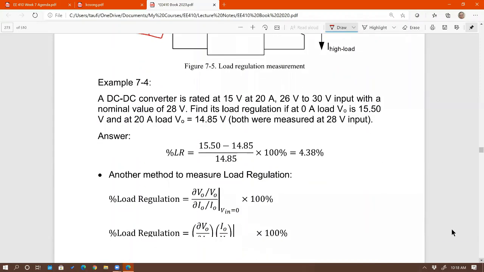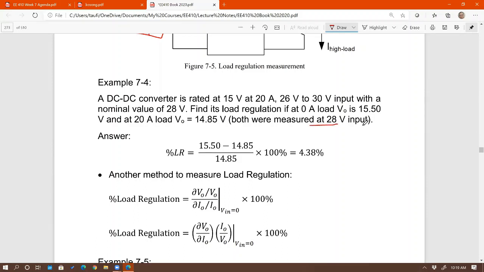Here's an example. A DC to DC converter is rated at 15 volts at 20 amps, with 26 volts to 30 volts input and a nominal value of 28 volts. Find its load regulation if at 0 amps, load output voltage is 15.5 volts, and at 20 amps, output voltage is 14.85 volts.